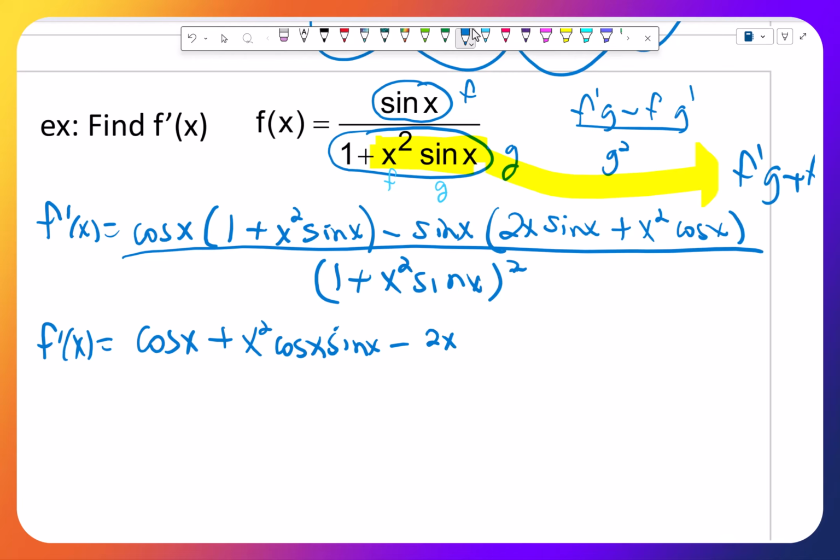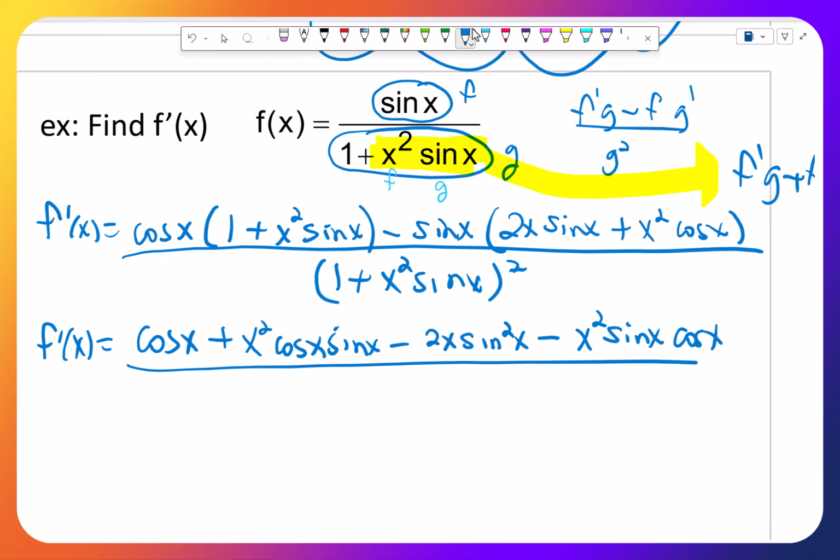Sine times sine is sine squared. And then minus, and then again the x squared I'm going to leave out front. X squared sine x cosine x, all over 1 plus x squared sine x, squared.